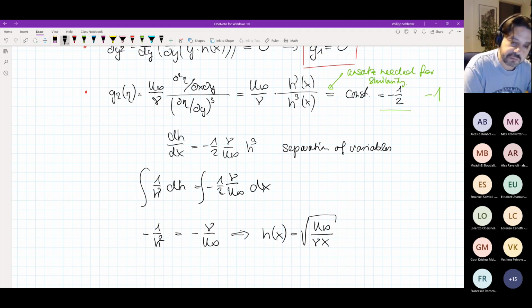If I define my h in this way, then I know that this expression here becomes minus 1/2. And now I guess you also understand why I chose 1/2, because that means that there is no factor in here. If I had minus 1 here, there would be a factor of 1/2 inside this square root. And this I don't like so much.